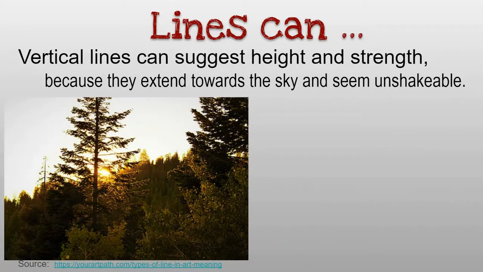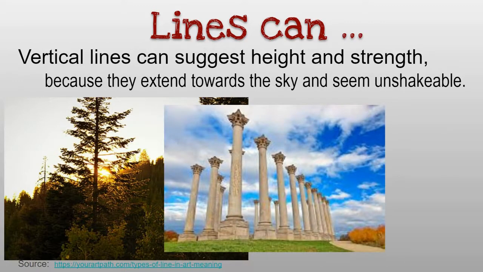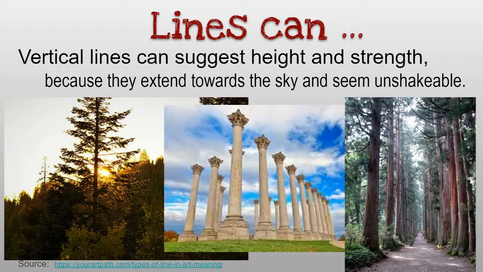Here's an example with a tall tree, and it gives you that feeling of height. Another example is with these tall columns, and you can see that height stretching towards the sky, and it gives you that feeling of strength.